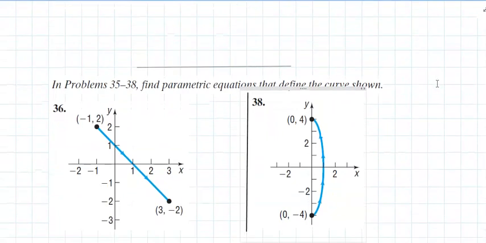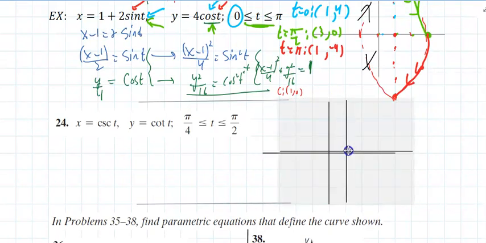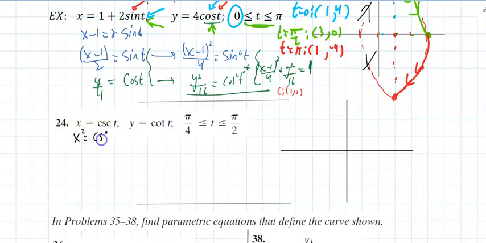I get to this problem, and here things are a bit tricky, just a bit, not a whole bunch. Here, I'm going to make use of the same idea. I'm going to say, you know what, x squared equal cosecant squared of t. Now, I want to show you another way of doing this. I could square both sides, or I could say, but I know what cosecant squared equal.